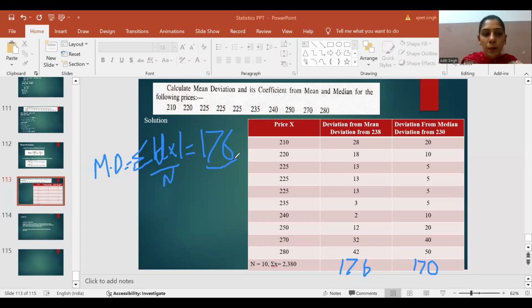The total number is 10. We have to find out this value.